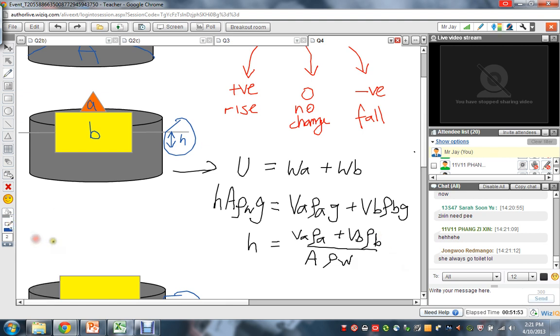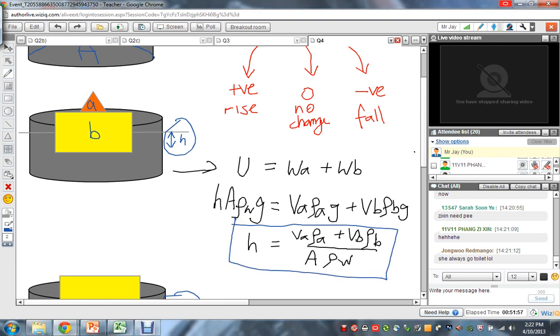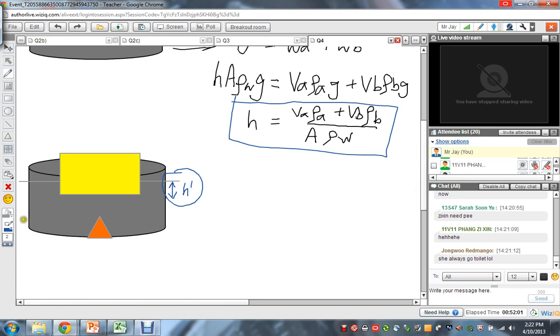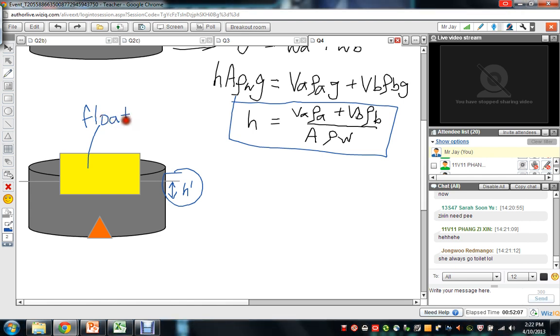Let's frame up this result nicely because we'll use it again later. Now, let's look at the second case. The boat is floating, but the anchor is not floating.